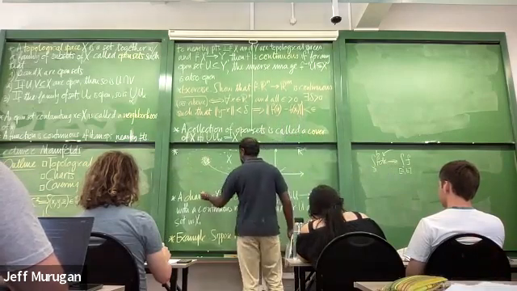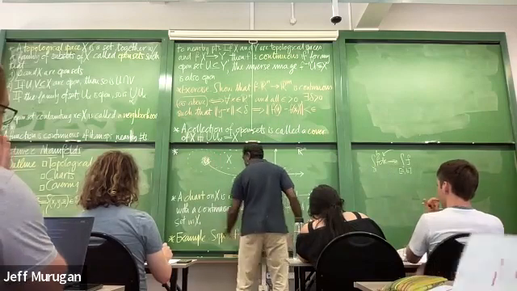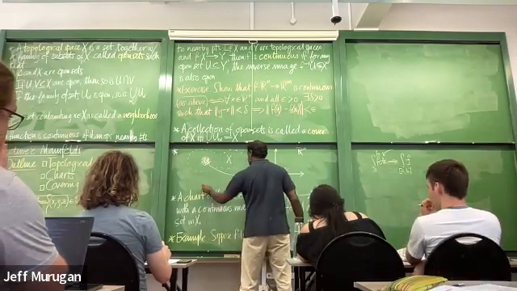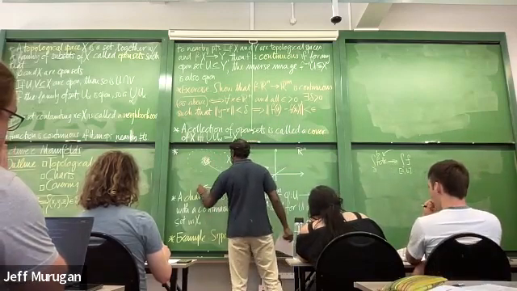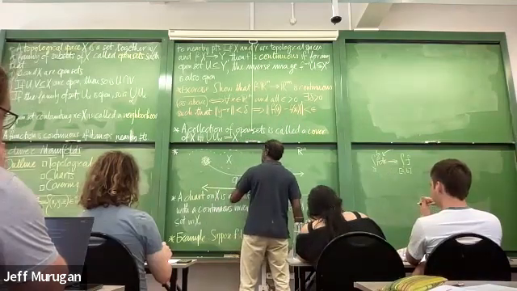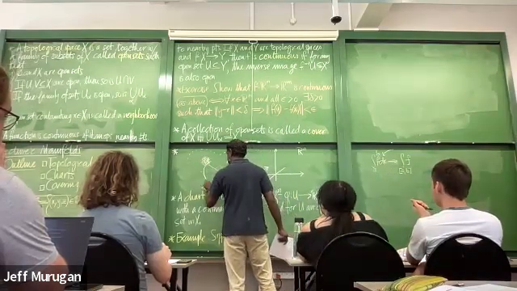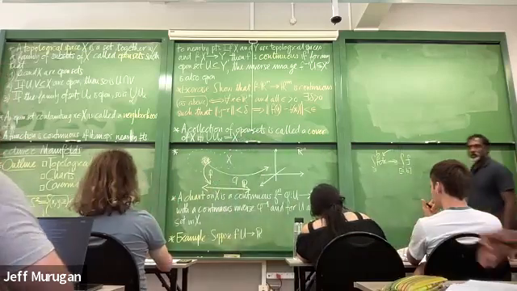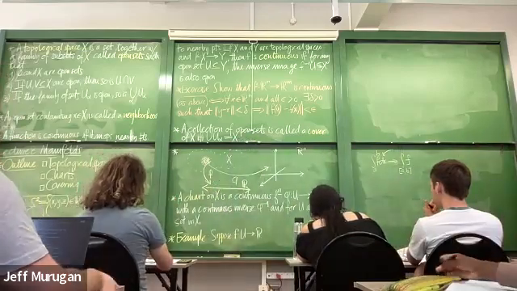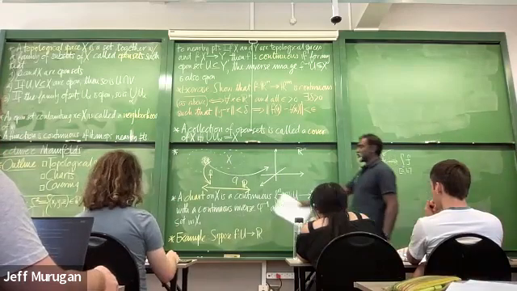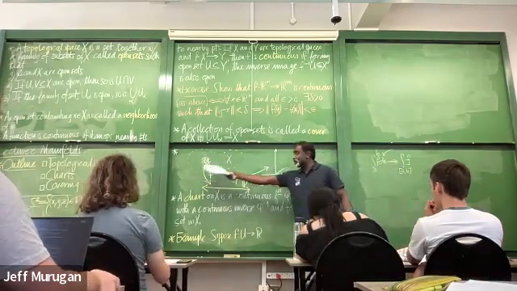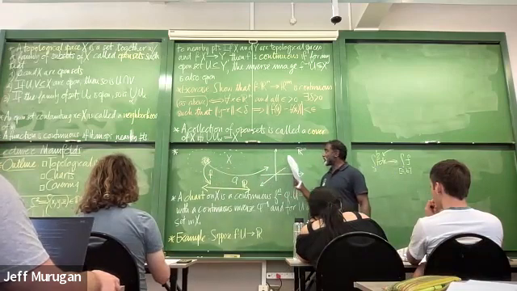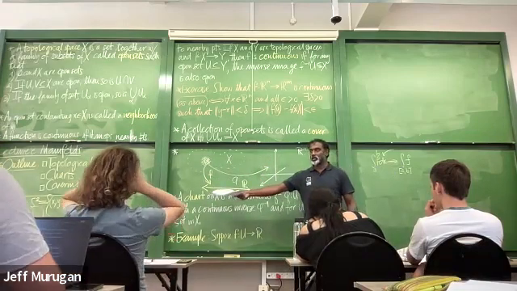So here's U. Here's the real line R, and f maps U to the real line. The point is, since the chart phi has a continuous inverse, I can turn this function, which maps U to R, into a function that takes R^n to R by composing it.